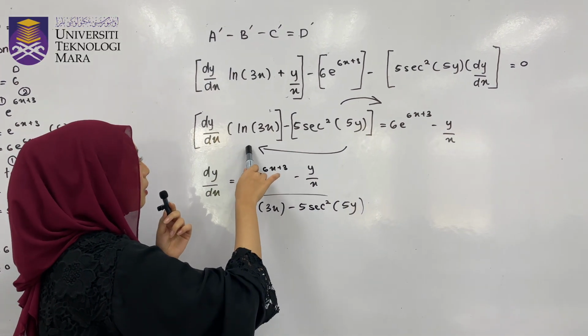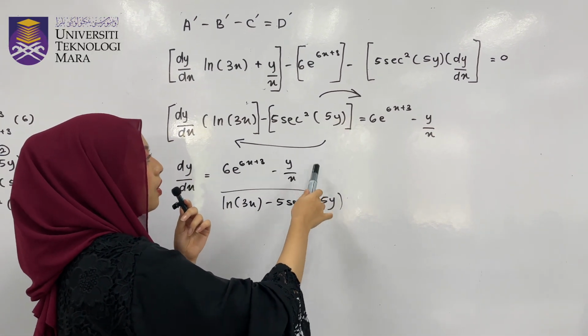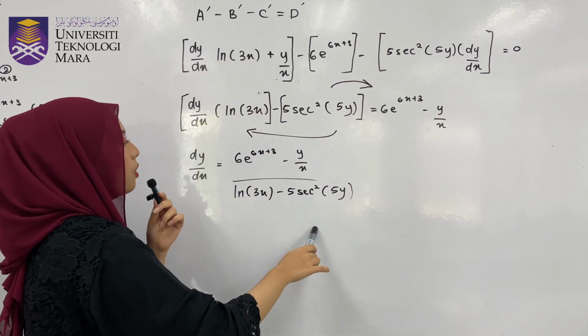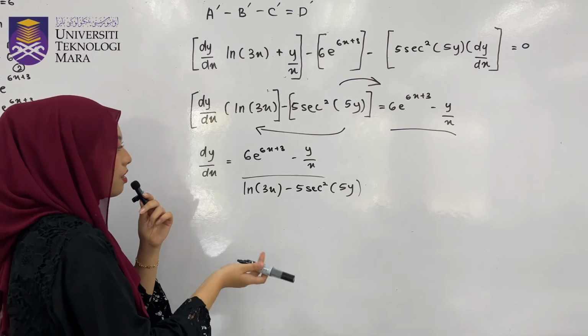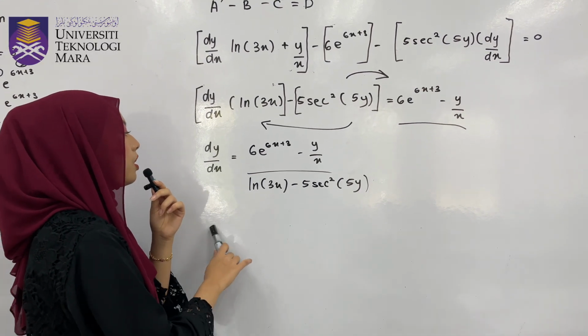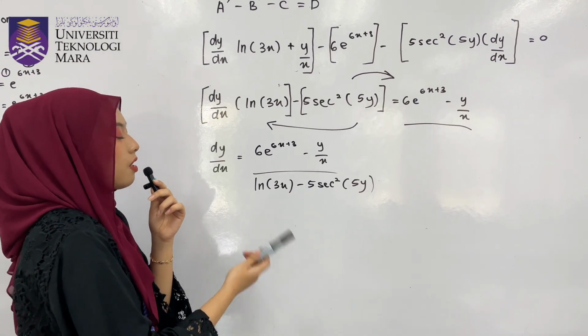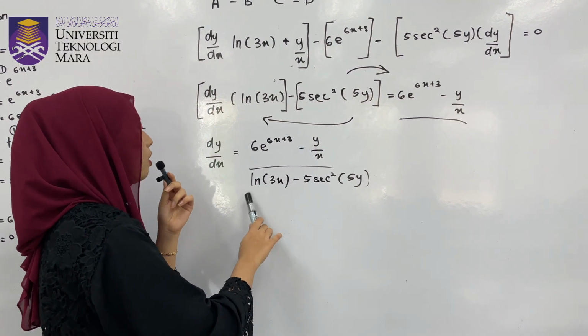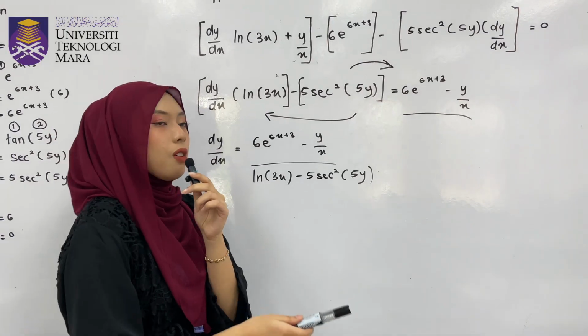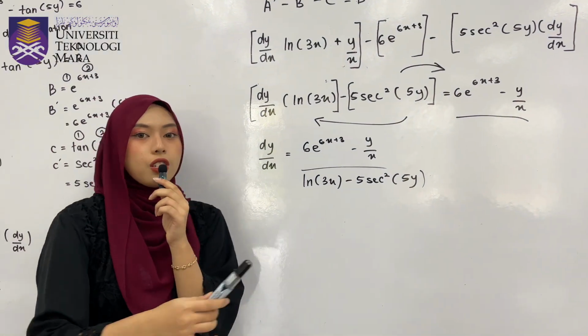We take the ln 3x minus 5 sec squared 5y and divide with this equation. The answer is dy/dx equal to 6e power of 6x plus 3 minus y over x, divided by ln 3x minus 5 sec squared 5y, and that is it for question 3.